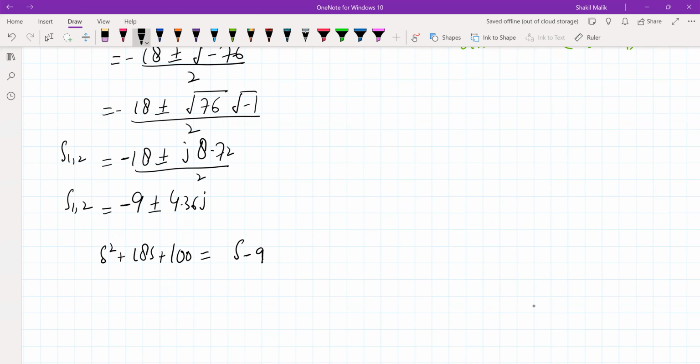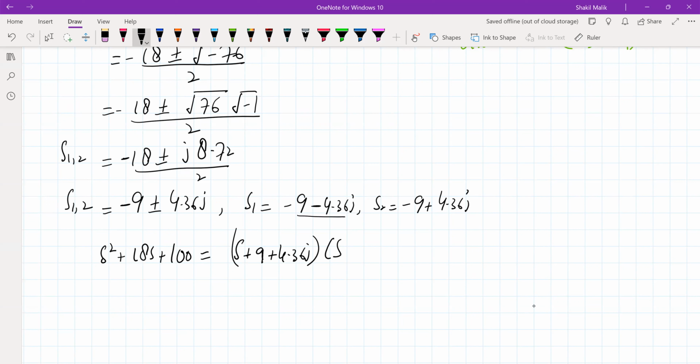I forgot the minus: s1 is minus 9 plus 4.36j, and s2 is minus 9 minus 4.36j. So it will be s minus s1, and s1 is this, so minus becomes plus: s plus 9 minus 4.36j, and s plus 9 plus 4.36j. So this is the quadratic polynomial.